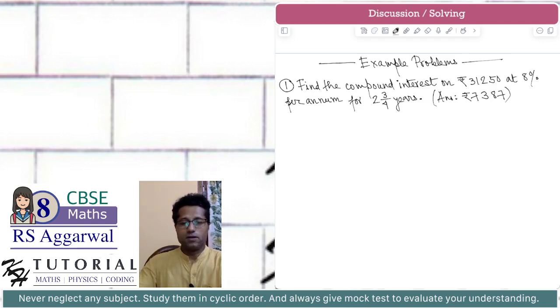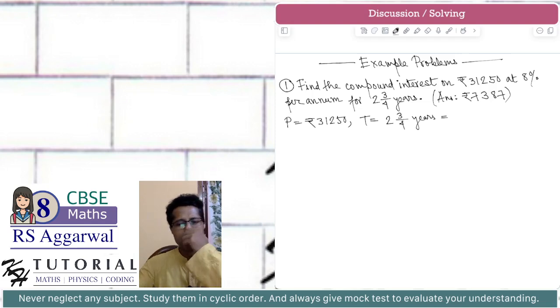So what information do we have? The original principal P is given to be 31250. The period is given as 2 and 3 by 4 years. So period T is equal to 2 and 3 by 4 years, which, if you convert this into an improper fraction, is 11 by 4 years.